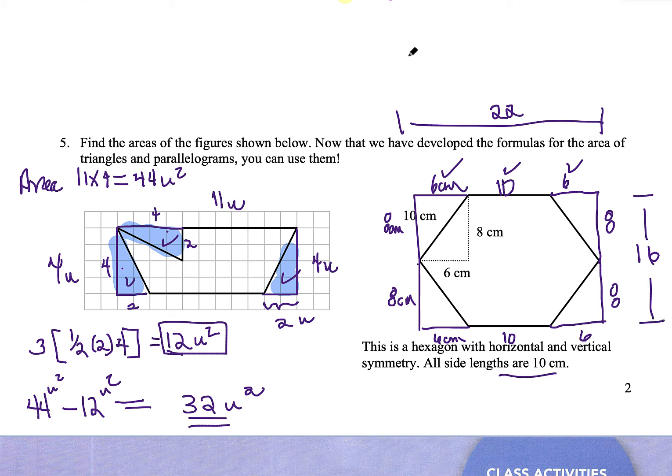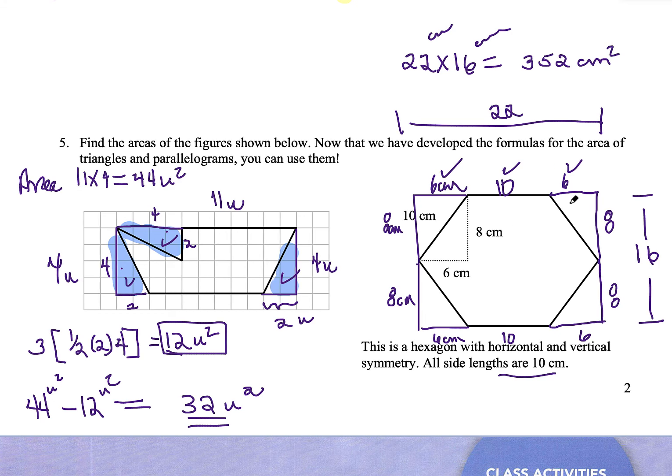So we're going to take 22 times 16, and these are centimeters, right? So that's going to give us 352 square centimeters. But now remember, we have to go back and cut off these triangles.